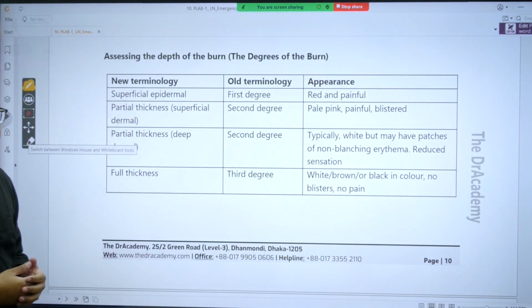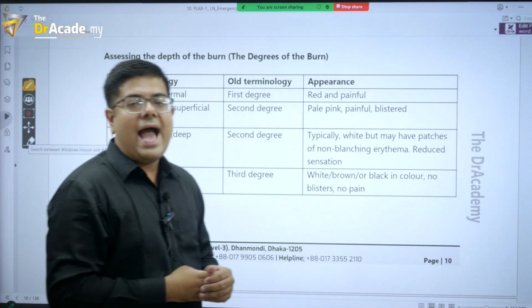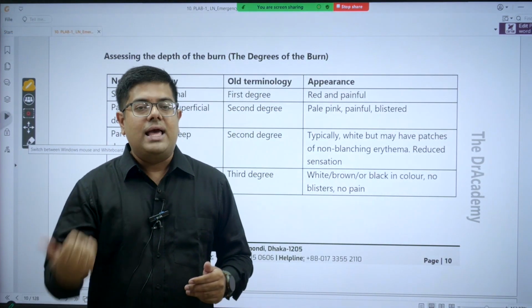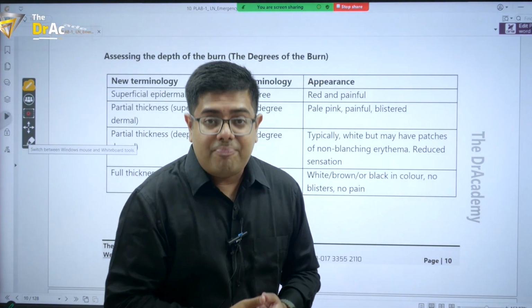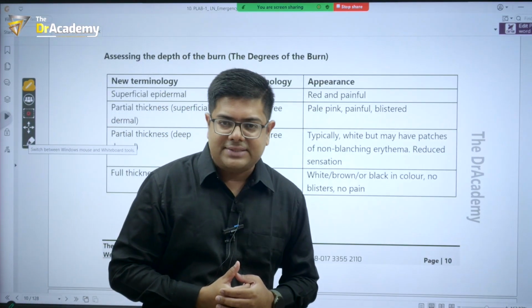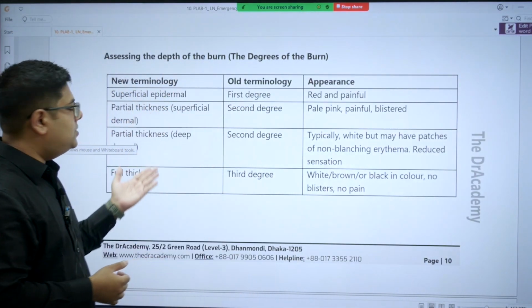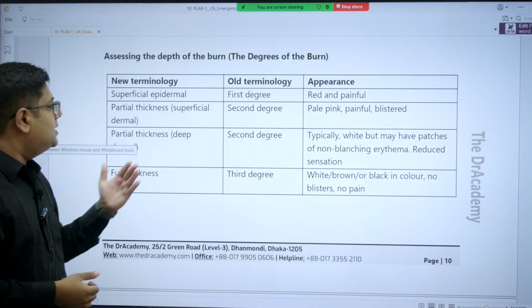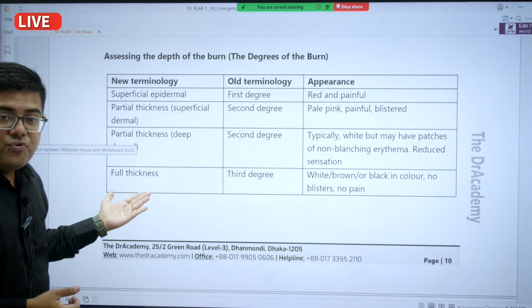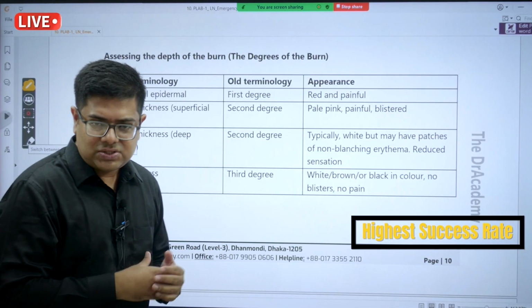See, superficial epidermal. We know skin has mainly 3 layers. The outermost is epidermal, then dermal, then the innermost is hypodermal. So according to those layers of skin, burn can be divided into superficial epidermal, superficial dermal, deep dermal, and then full thickness. That means hypodermis is also involved.